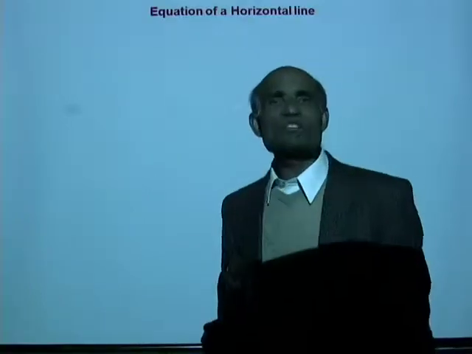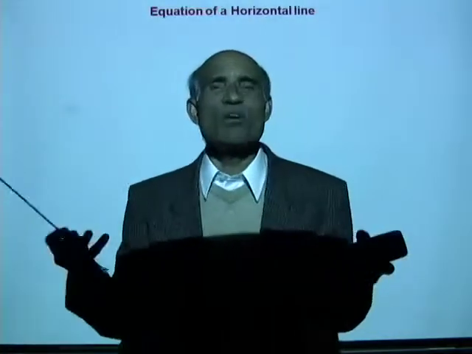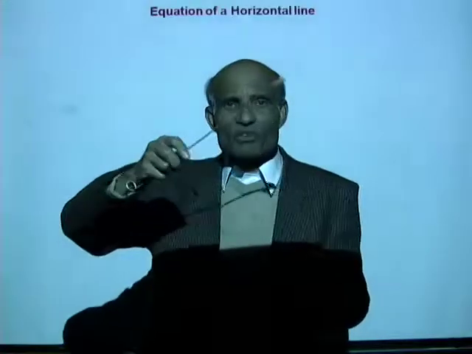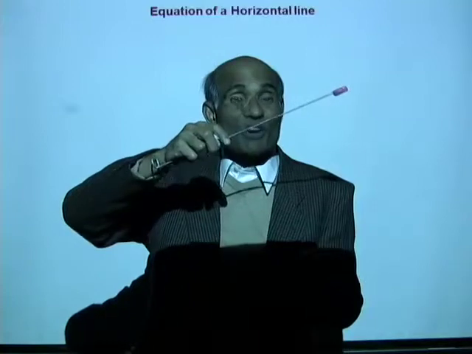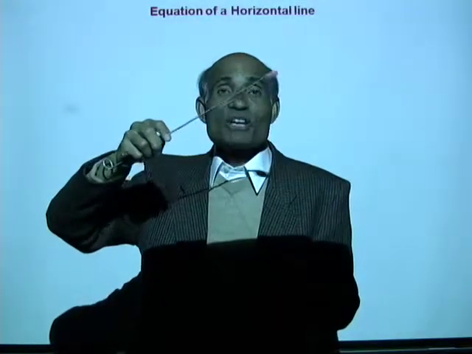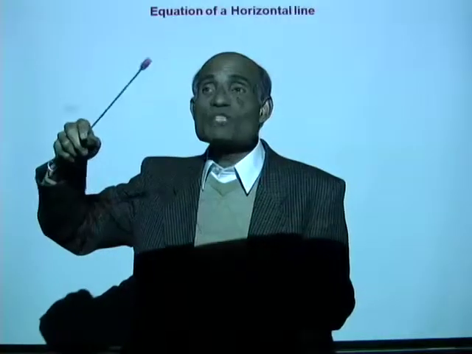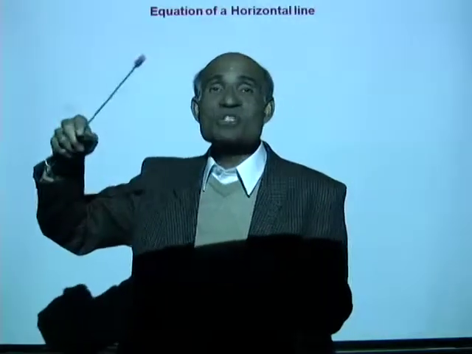What is the equation of a horizontal line? What is a horizontal line? Well, a horizontal line is a line along which the value of the output is always a constant. The value of the output will not change.